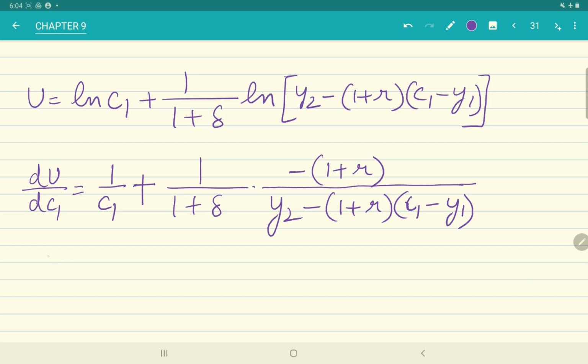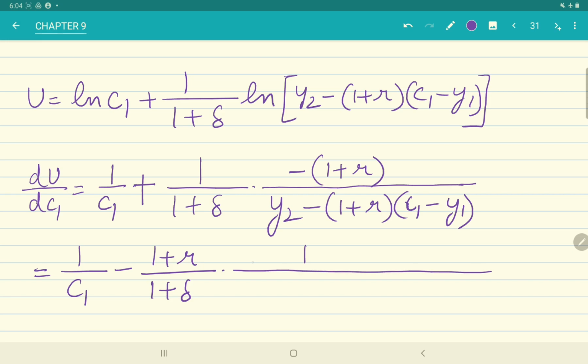And now this can be written as 1 upon c1 minus (1 plus r) by (1 plus delta) times 1 upon y2 minus (1 plus r)(c1 minus y1).